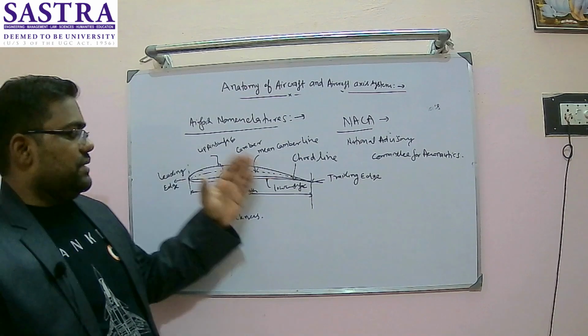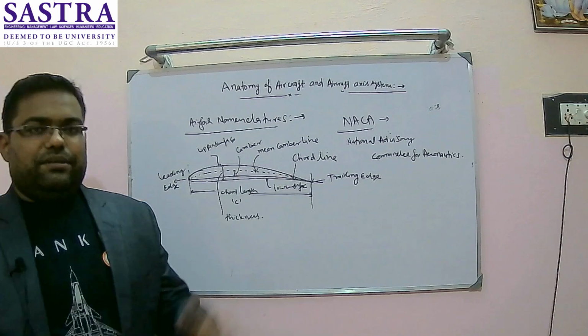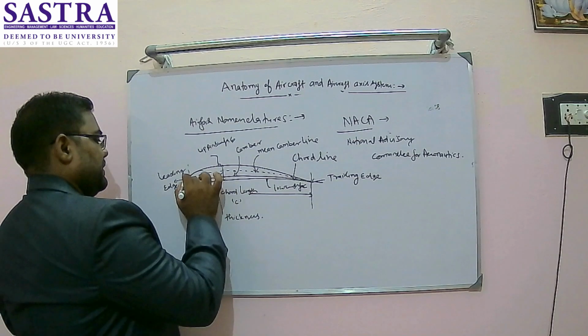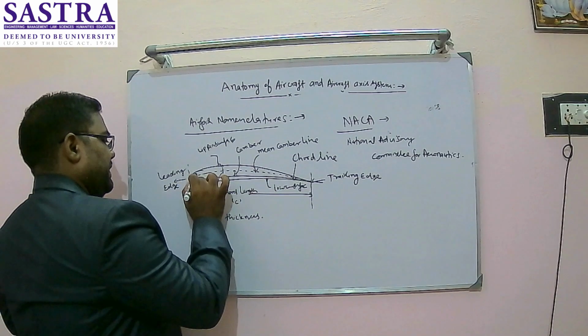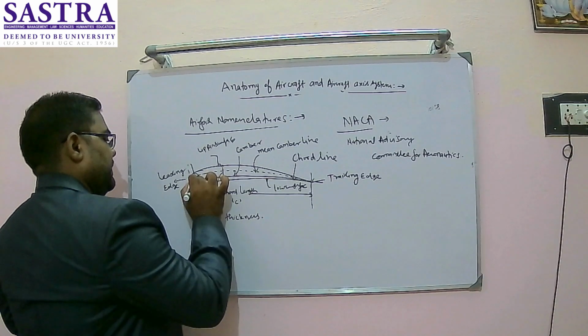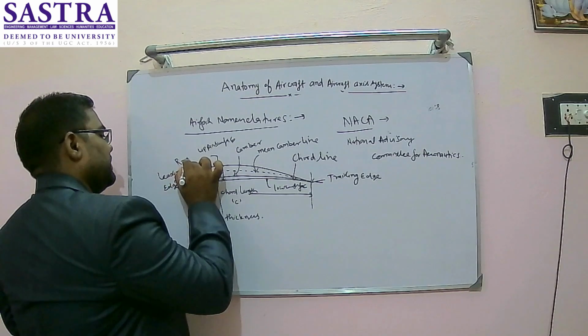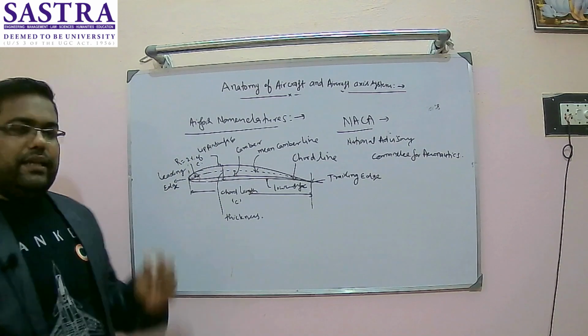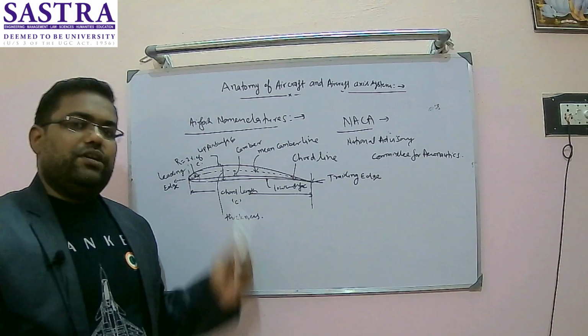These are all definitions given by NACA, and we are still using the same nomenclature. If we look at the leading edge of the airfoil, it is circular, so it has a leading edge radius, with the center here and this radius. This radius is also fixed: about 2% of the chord length.